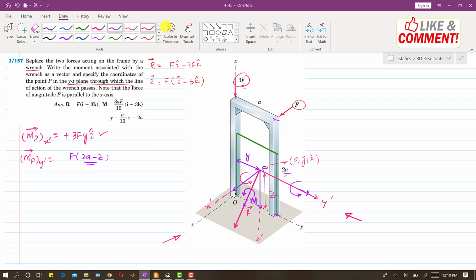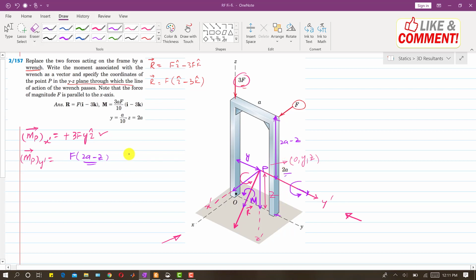If I mention that distance, this will be that distance, right? So this distance between the point of application of that force and the Y axis, how much is it? It is 2A minus Z. Let me remove these as well, right?